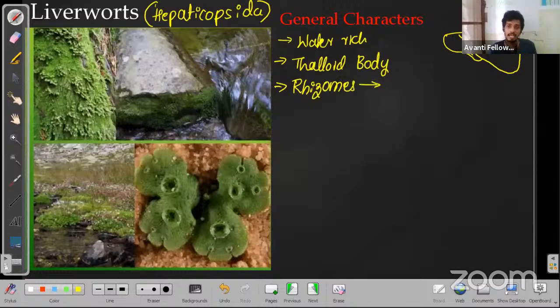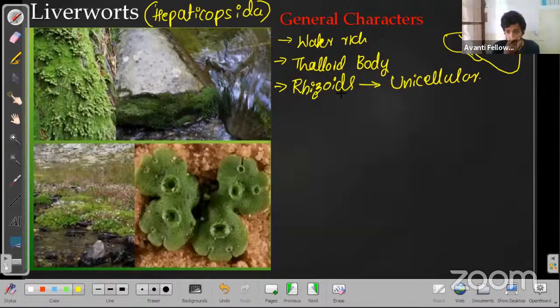These rhizoids are actually unicellular in nature. Rhizoids, not rhizomes. I'm making it correct. Okay, unicellular rhizoids are present.